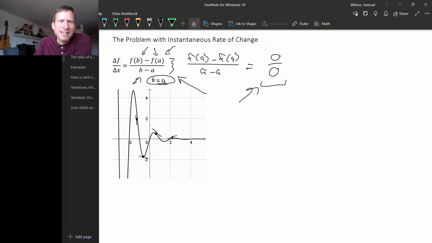So what we really need is some way to approach b being exactly equal to a without actually just setting b equal to a.